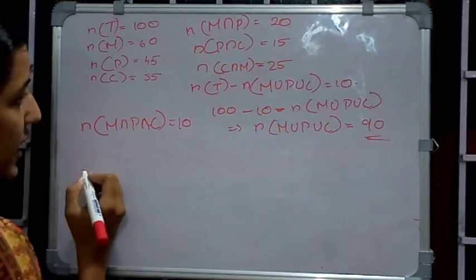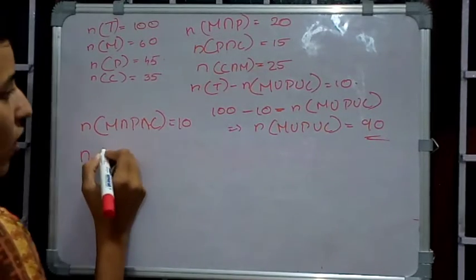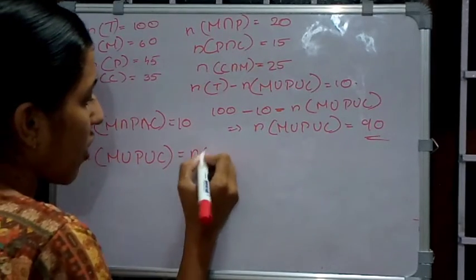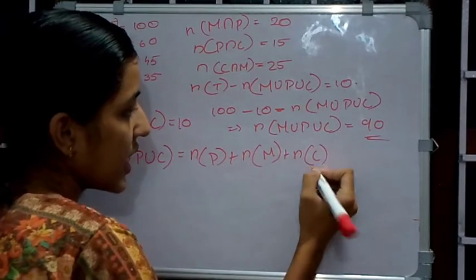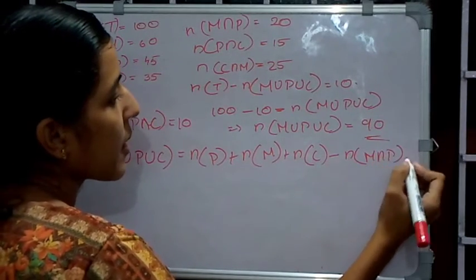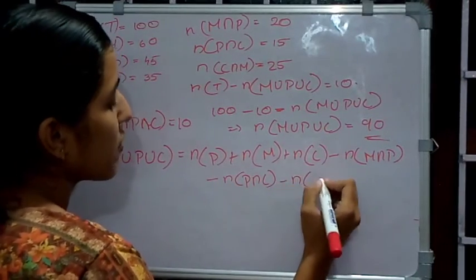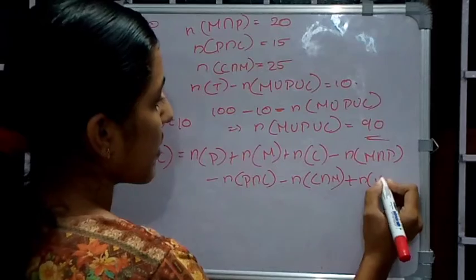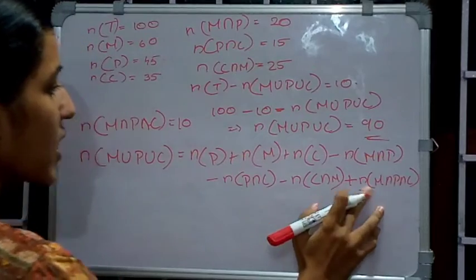For that we have studied an equation in our earlier classes: n of M union P union C equal to n of P plus n of M plus n of C minus n of M intersection P minus n of P intersection C minus n of C intersection M plus n of M intersection P intersection C. So we have to find this value from this equation.